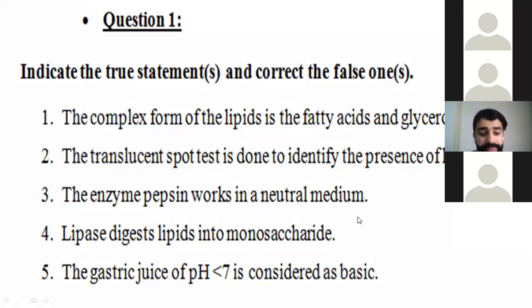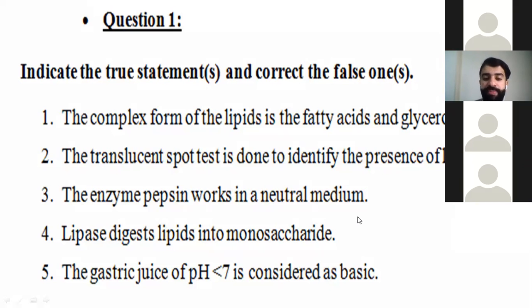Ali, Fadi, Basma. The gastric juice of pH less than 7 is considered as basic. What do you think, Ali? True or false? True. What is the basic pH? Is pH greater than 7 or less than 7? Less than 7 is acidic, Ali. Greater than 7 is basic. So this one is false.